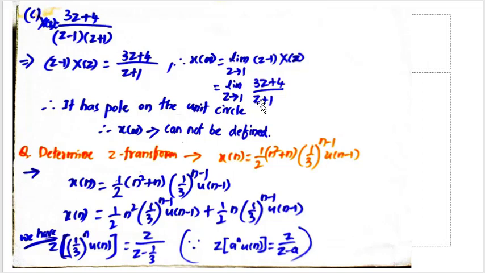Because z equal to minus 1, the pole lies on the unit circle. So the final value cannot be defined for such an X of z. I hope all three categories of conditions are covered with these three simple examples.